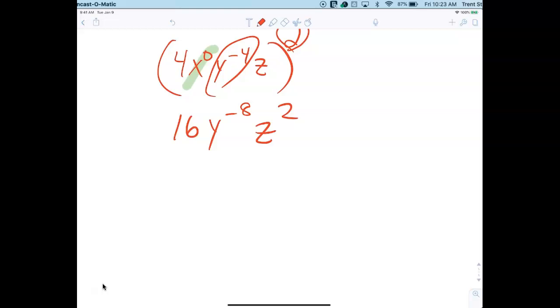Move it. Oh yeah. Why do I move it, Jack? Negative to positive. That's correct. It's a negative. So I want everybody to make sure you have 16z squared over what? Y to the? That's right. All right, again, just rules. We're practicing the rules.